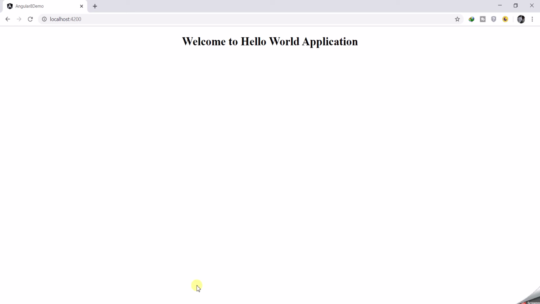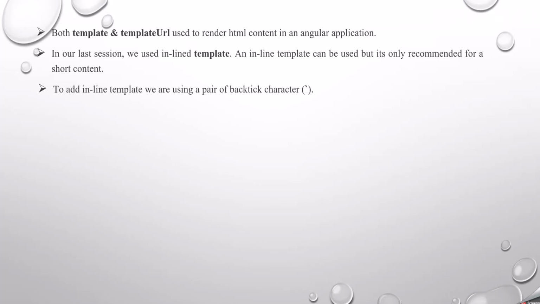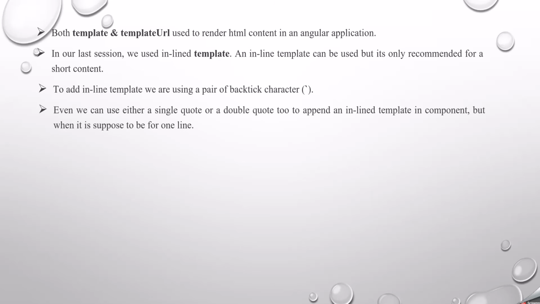We are going to discuss that right now. We can use either single or double quotes to add an inline template rather than a backtick character. But when multi-line HTML is expected, we need to render it through a backtick character only.